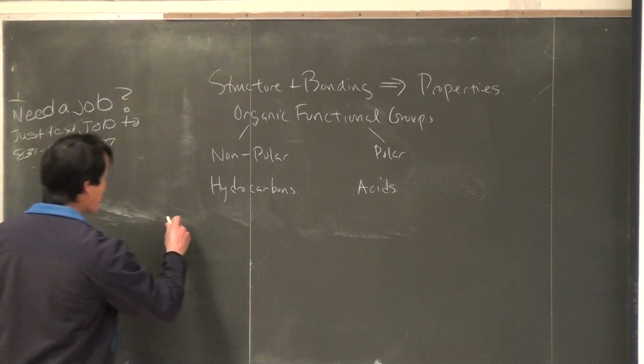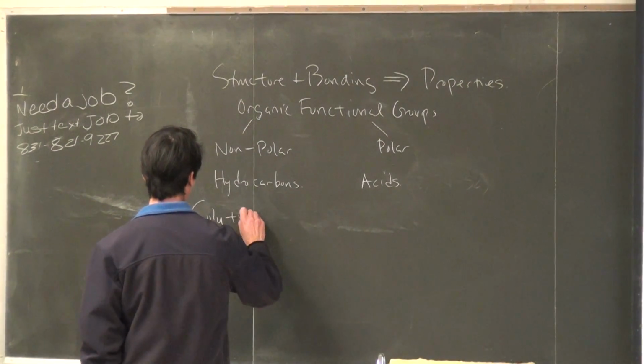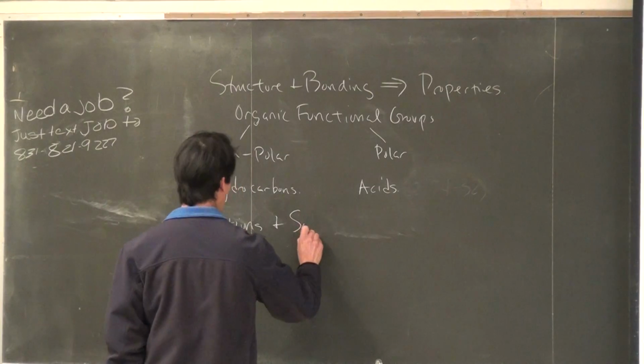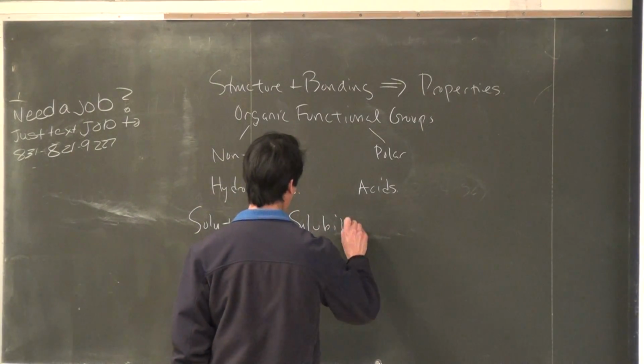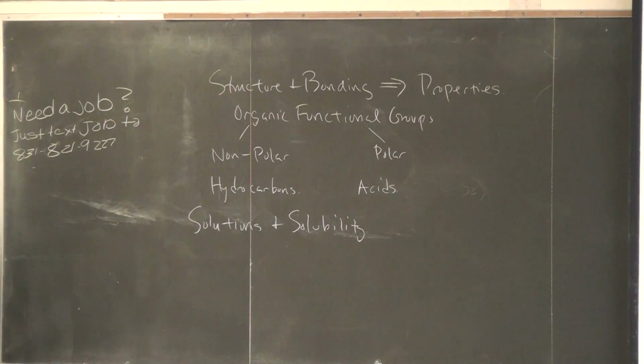Okay, and then after that we talked about the solution process, solution and solubility. The solubility of a substance depends on the properties of that substance. In Chem 1A we said that a polar substance is soluble in another polar substance, that like dissolves like rule.